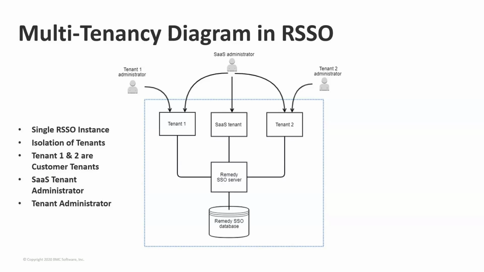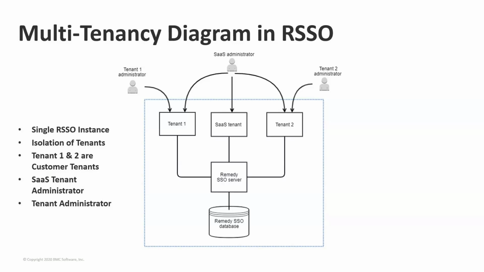The SaaS tenant cannot be deleted or modified, as it's the predefined tenant available on the RSSO server. Therefore, we do not recommend using the SaaS tenant for data segregation, nor attempting to delete it, because basically we're not capable of that. Tenant 1 and tenant 2 are customer tenants created by a SaaS administrator user.